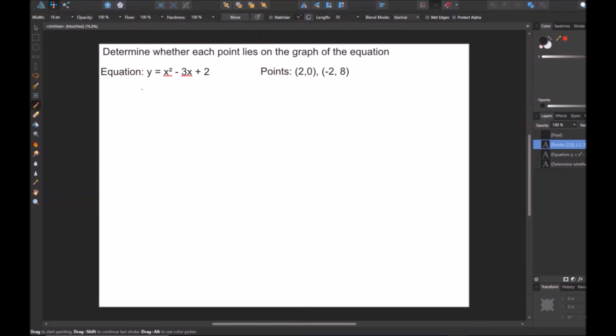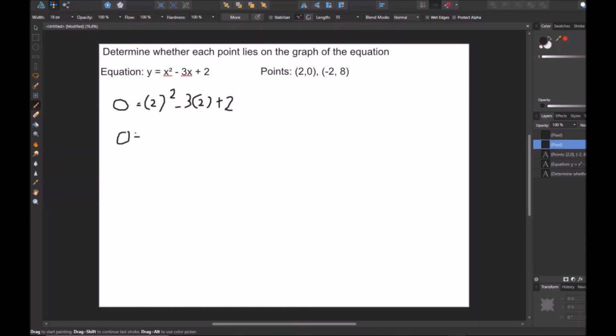So, assuming you paused the video, let's walk through this and see how it would have been done. So for this first point, (2, 0), we plug in 0 for the y, and we plug in 2 for the x. So every time we see x, we're just going to replace it with 2. So that gives us 2 squared minus 3 times 2 plus 2.